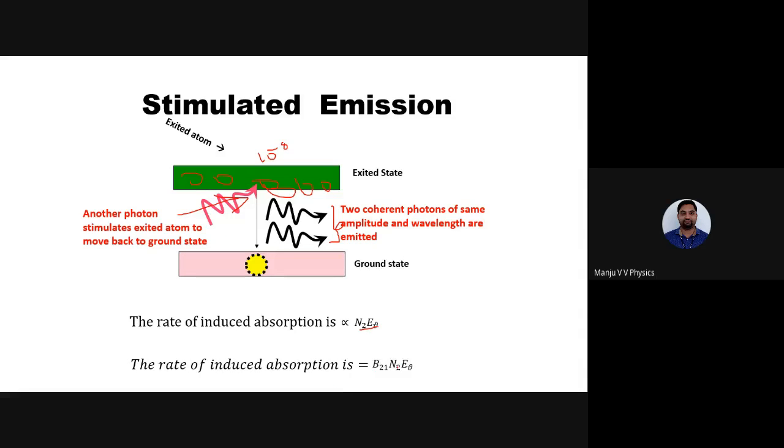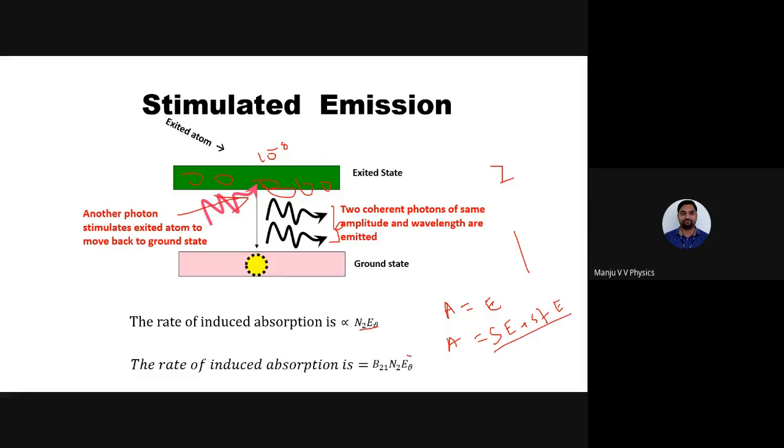I should remove this. Let me add B again. The atom has come from 2 to 1, right? Excited state to the ground state. So B21, N2, mu. Now I can say that absorption will be equal to emission, right? According to conservation of energy, absorption will be equal to emission. Absorption we have only one, that is induced absorption, which will be equal to spontaneous emission plus stimulated emission.